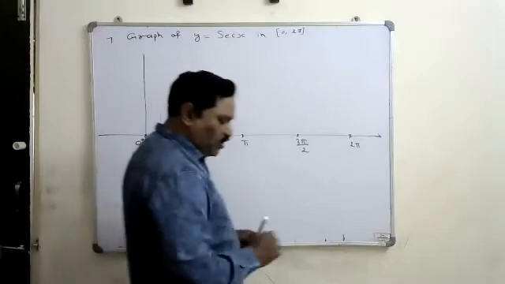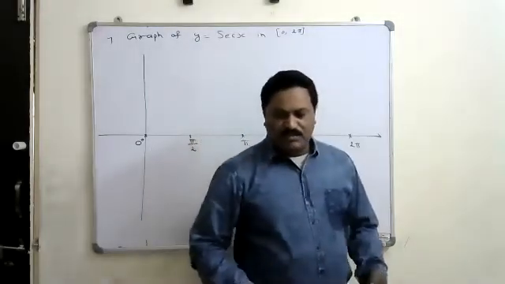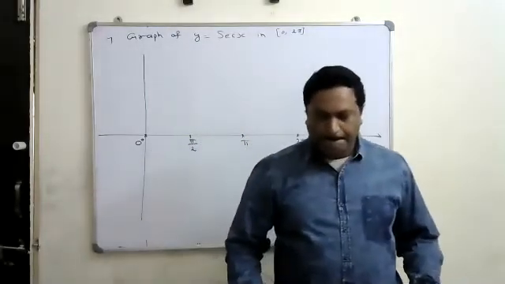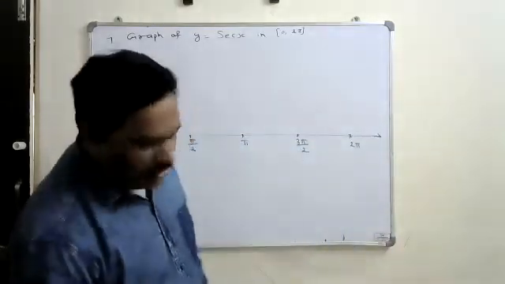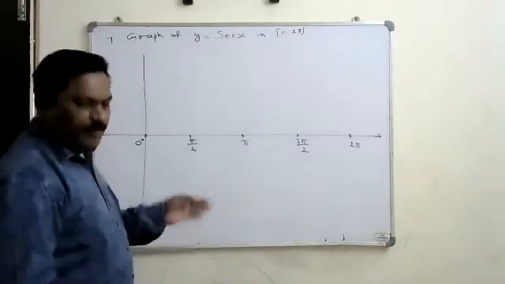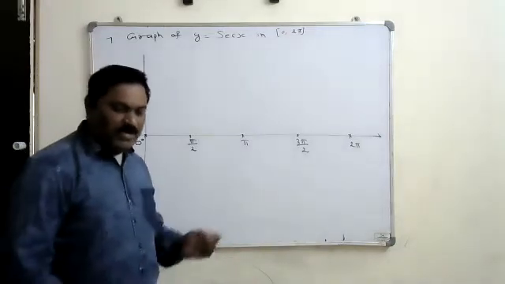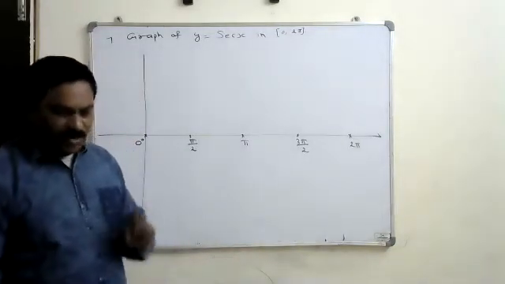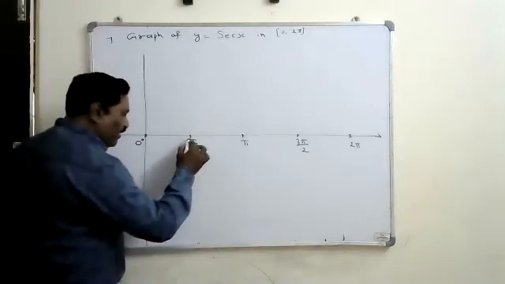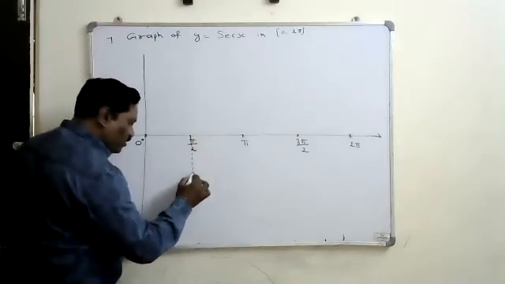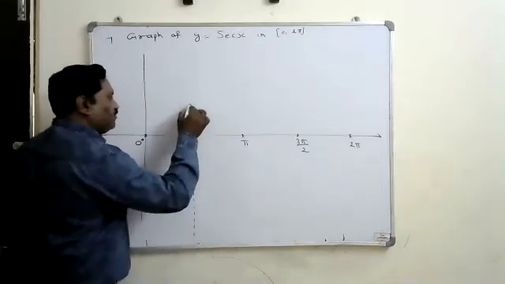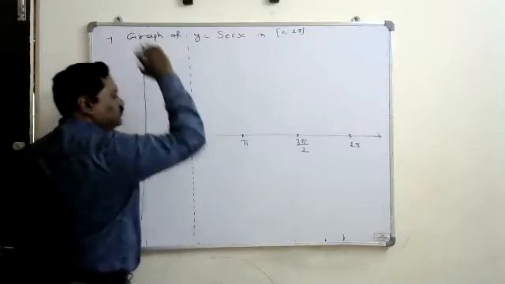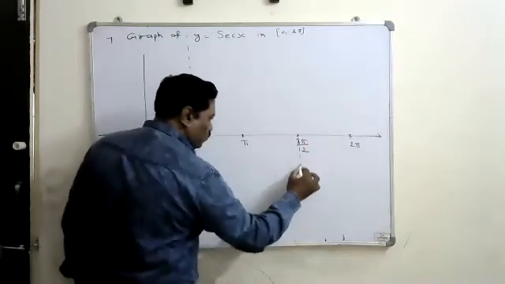Tell me, for what angle secant will give not defined? Pi by 2, 3 pi by 2, 5 pi by 2. Means for every odd multiple of pi by 2, secant is not defined. That's why at pi by 2, draw a dotted vertical line, which is an infinite line or not defined line. Similarly at 3 pi by 2 also.